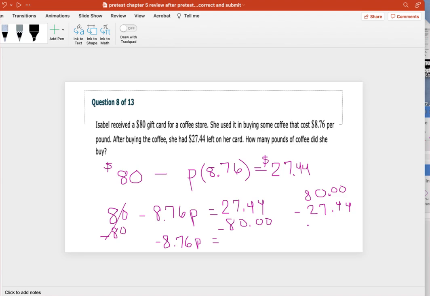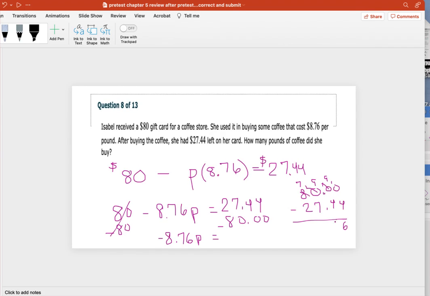27.44. Okay, so we're going to subtract 7, make it a 10, and then a 9, make it a 10, and then a 9, make it a 10. 10 take away 4 is 6. 9 take away 4 is 5.